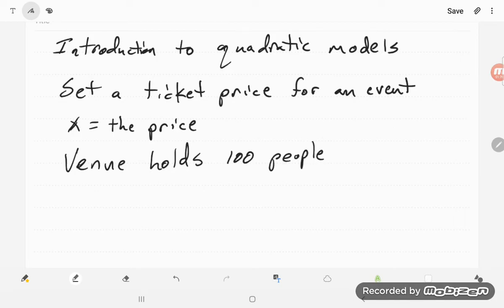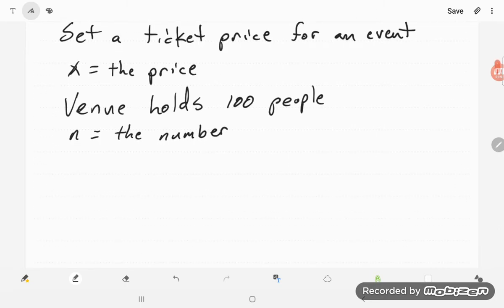Okay, but I don't know that that's how many are going to come. So that's our maximum that we could have. Venue holds 100 people. Now for now, we could say N, I guess, is the number.